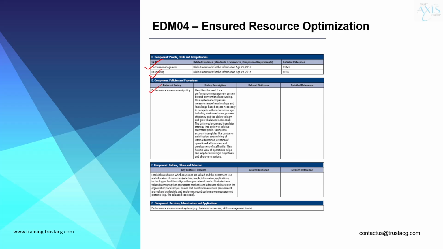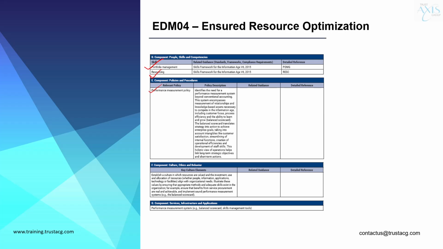It aims to translate strategy into measurable outcomes and help organizations track both long term strategic goals and short term operational progress. It can also help to support continuous improvement by linking resource performance metrics to business performance indicators.